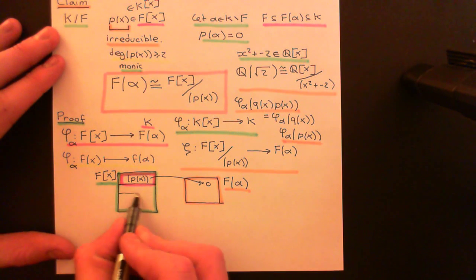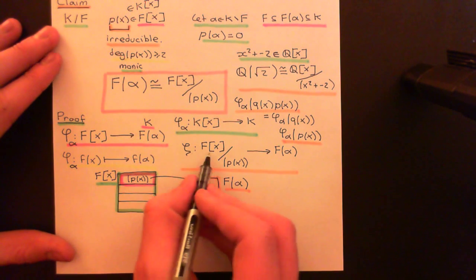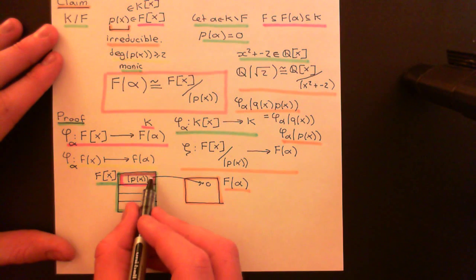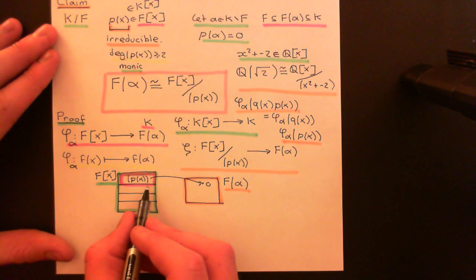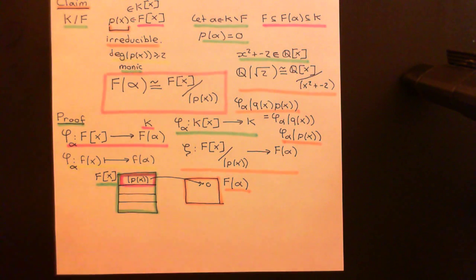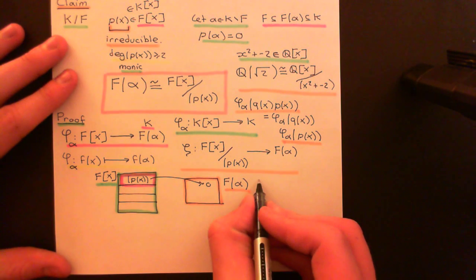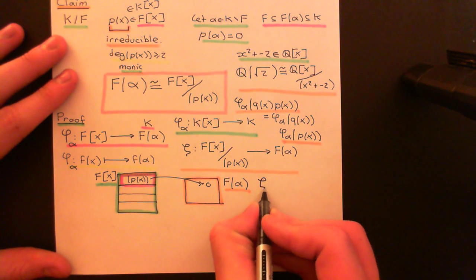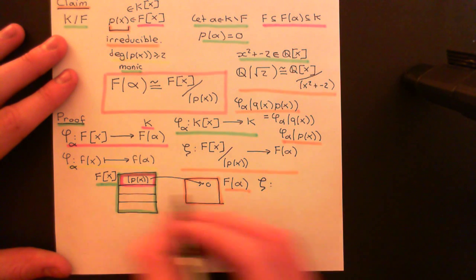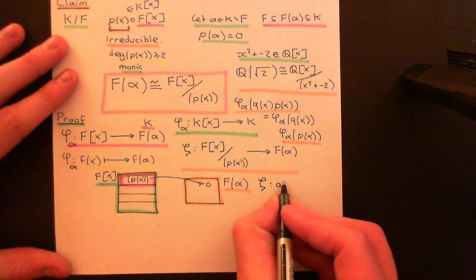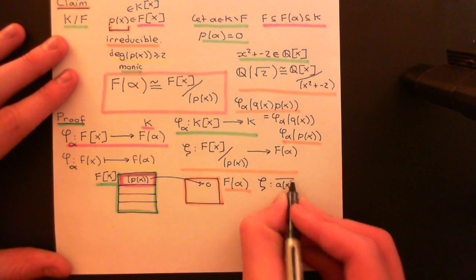Okay, so of course, the elements of the quotient ring here are just the cosets of this principal ideal generated by p of x. Right, so let me now actually define how this mapping is going to work. The way this mapping is going to work is it's going to take any coset containing a polynomial. So we'll say we have a coset containing the polynomial a of x.